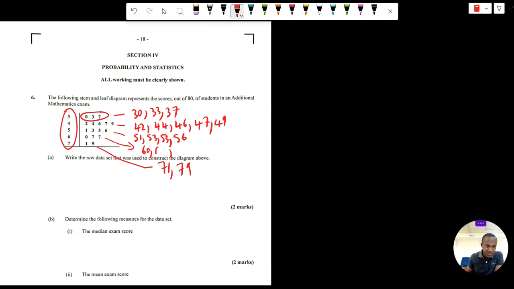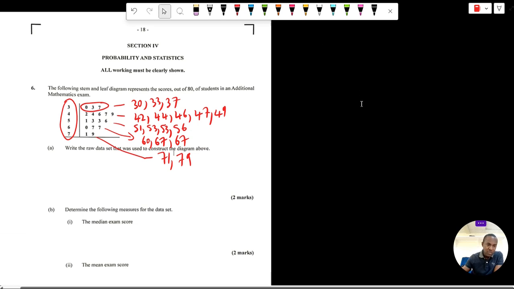So these should be 67 rather, and 67 again. Right, so glad I fixed that little mistake there. So these are the scores: 30, 33, 37, 42, 44, 46, 47, 49, 51, 53, 53, 56, 60, 67, 67, and lastly we have 71 and 79. These are the scores that would have been obtained in this particular test. Now, 2 marks for that.